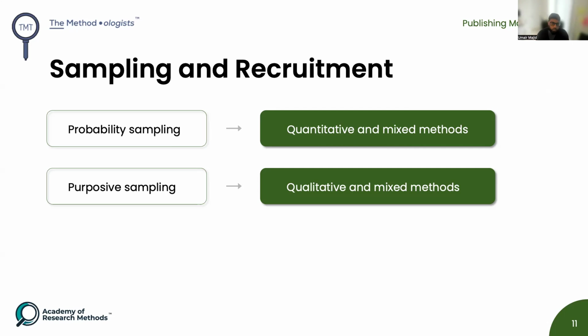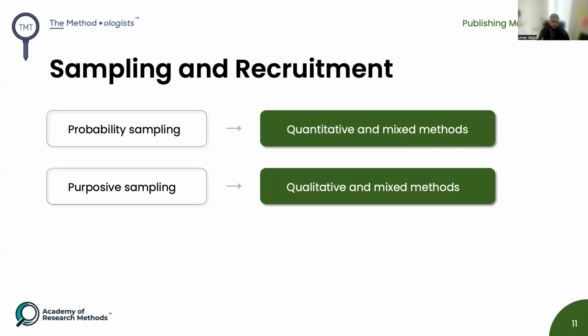You're most familiar with probability sampling, which is statistical sampling, and this happens in quantitative and mixed method studies. The essential idea behind probability sampling is determining the adequate size of a sample in your study based on the characteristics of the broader population the sample comes from, and doing a power calculation based on those characteristics.